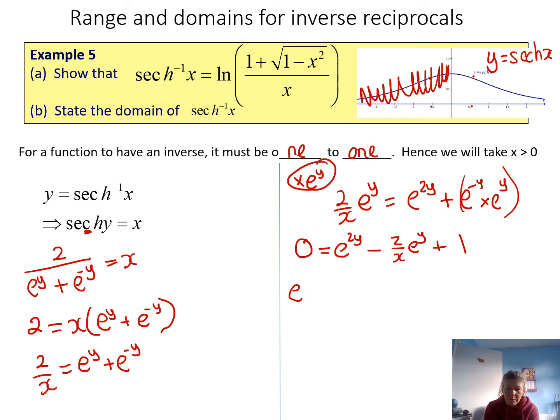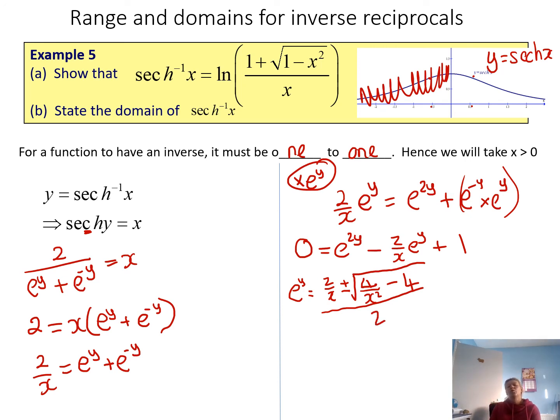So e to the y, now quadratic formula, equals minus b, that's 2 over x, plus or minus the square root of b squared, which is 4 over x squared, minus 4ac, 1 times 4, all over 2a. Right, sort that out, that is basically what we do.